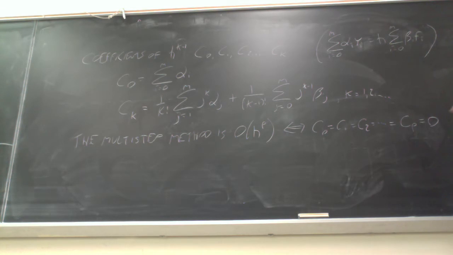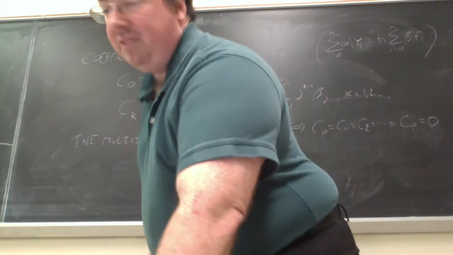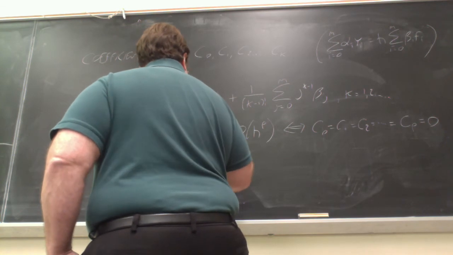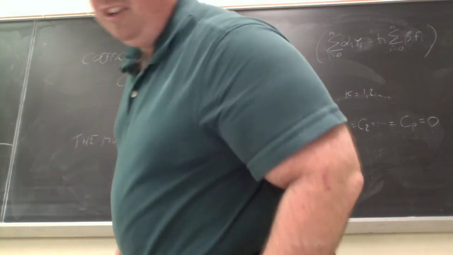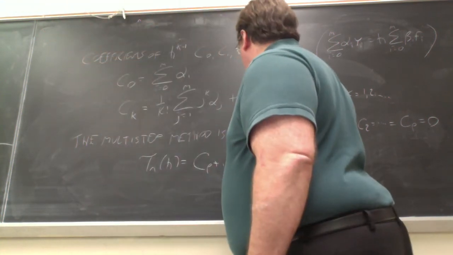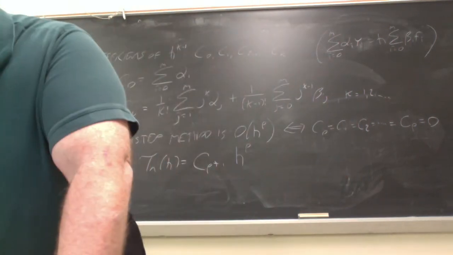Okay. Now, once you find the first one of these that is non-zero, then that tells you what the local truncation error is. So the local truncation error is C sub p plus 1, the first one that is non-zero, times h to the p power, so that's the order of accuracy. And then there's some more gobbledygook in here.